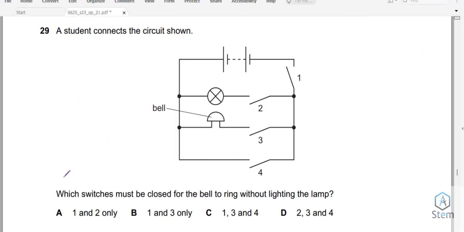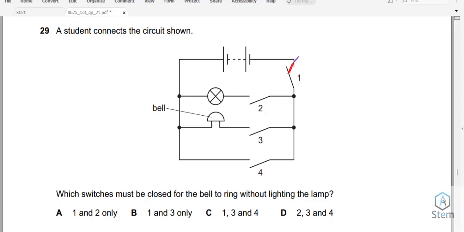A student connects the circuit shown. Which switches must be closed for the bell to ring without lighting the lamp? We want to close the circuit for the bell without closing the circuit for the lamp.